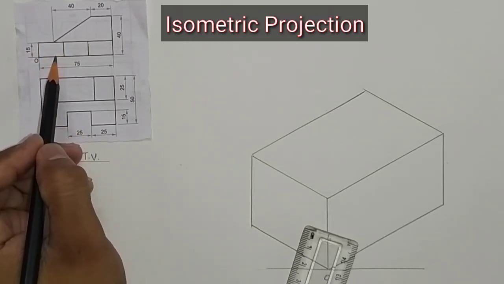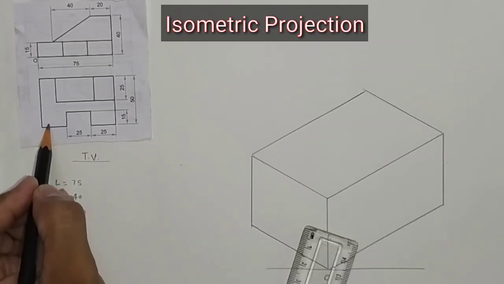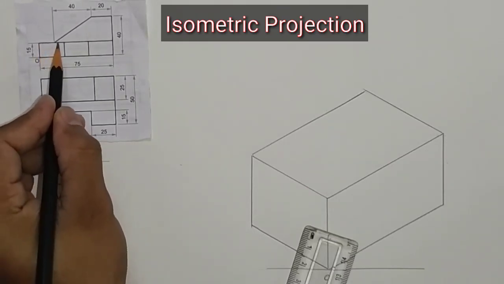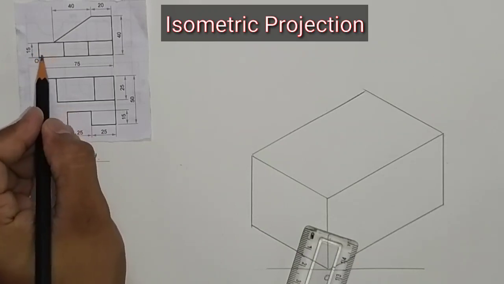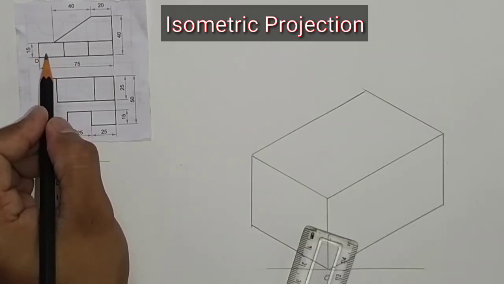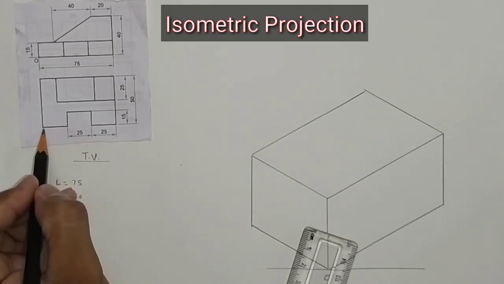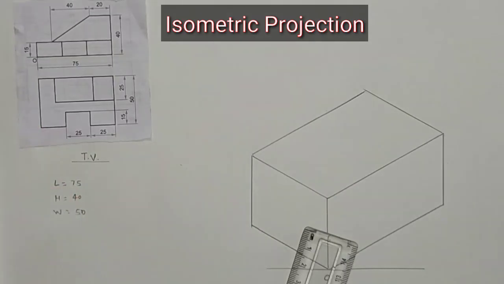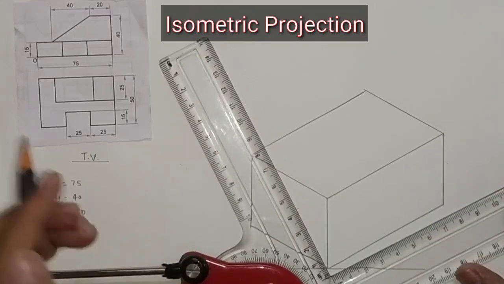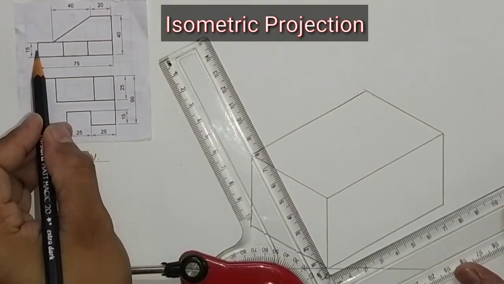So how does it look in top view? This line represents this line and this line. Both are two parallel lines, but in top view it becomes one line. So from this point we want to draw a rectangle of size 25 by 15 mm.